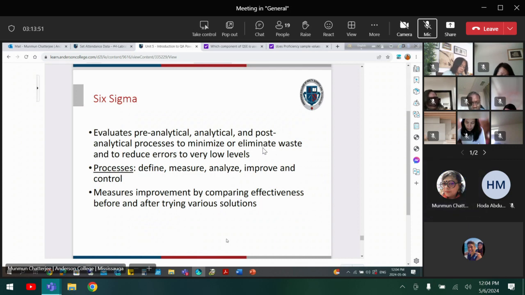Improvement, by comparing effectiveness before and after trying various solutions. Okay, this is the problem. So if I do this before or that, what is giving me the best result? By trying various solutions before and after.